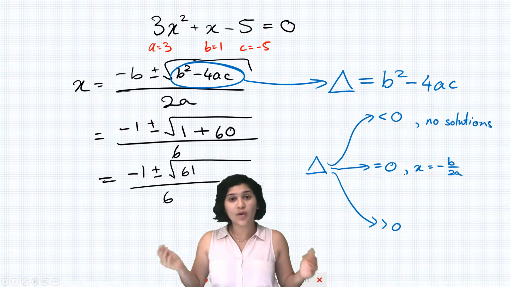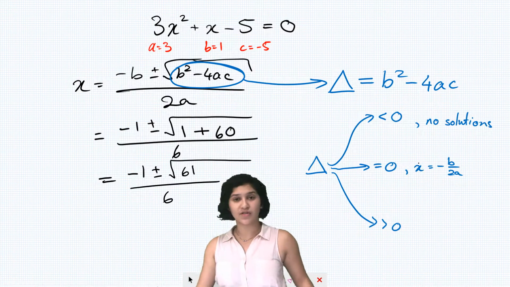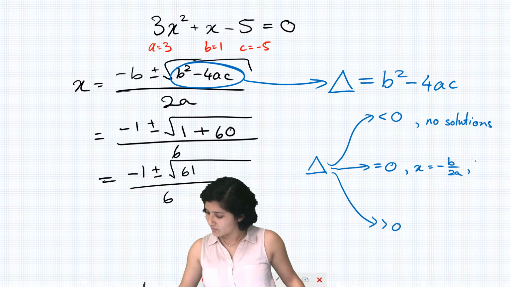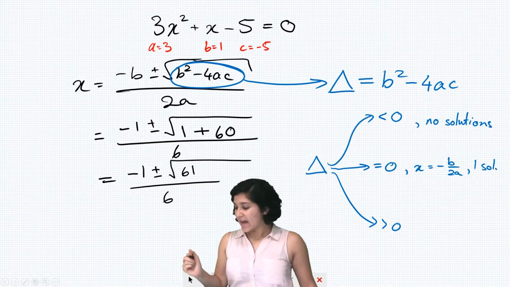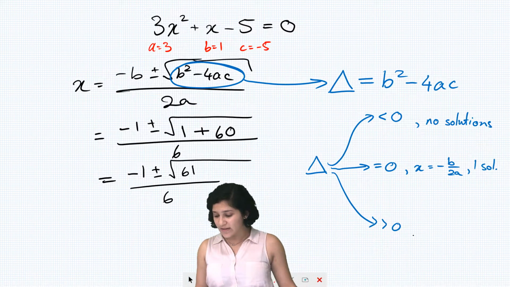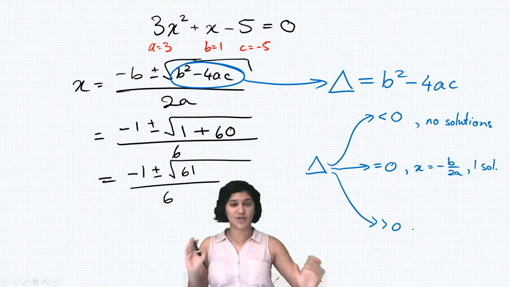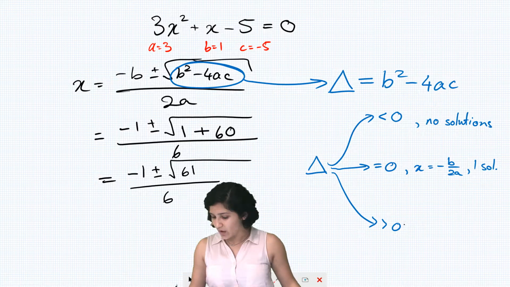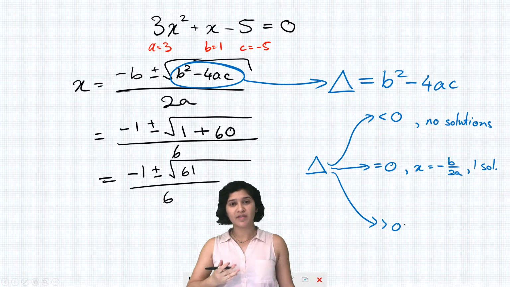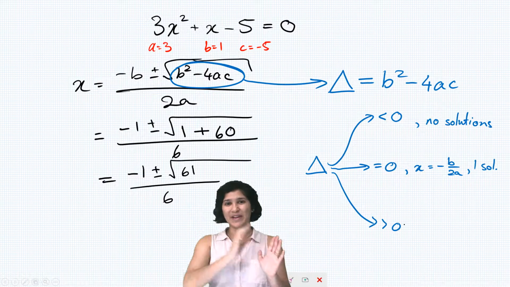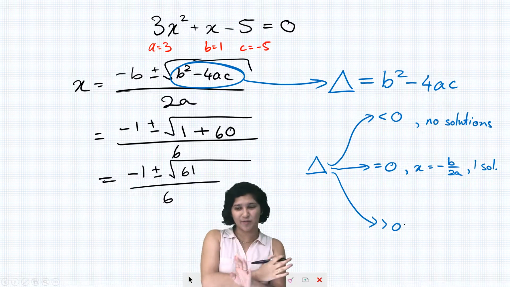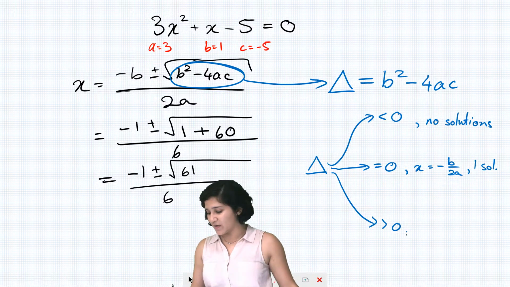Okay? There's only one solution, and that's our solution. Alright? And finally, if it's positive, that's when we get our two distinct solutions. Because we can square root a positive, even if it gives us a surd, it's still a number that we can add or subtract from negative b. So that's when we get our two solutions.